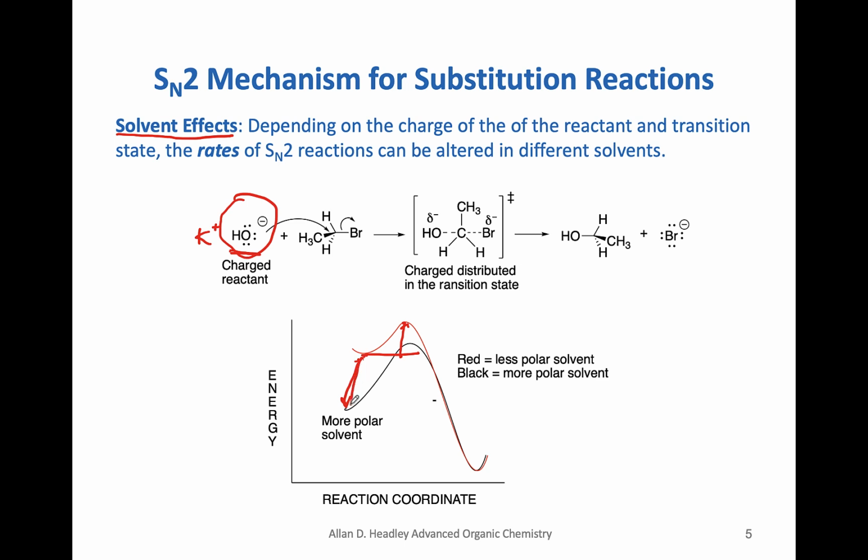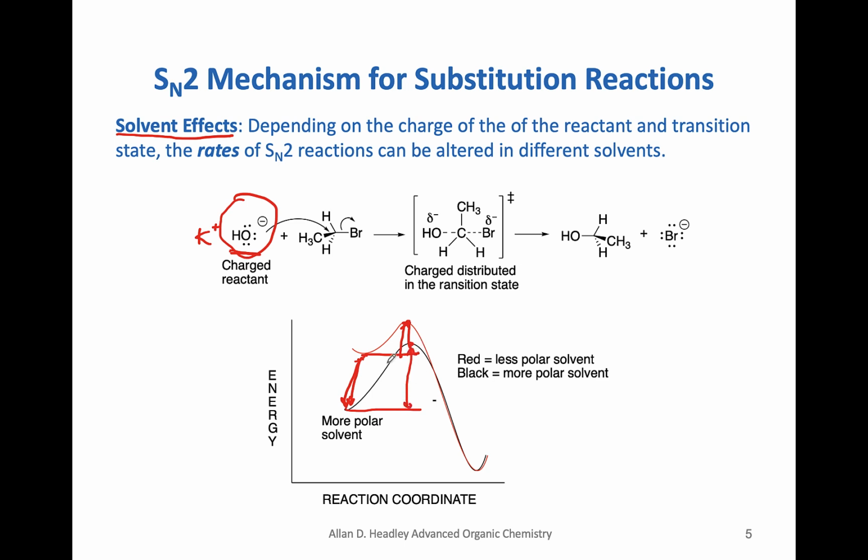So there is a lowering in energy due to solvation. It does solvate the transition state, but not nearly as much, because the charge is already distributed and a little more stable than a localized charge here. So in a more polar solvent, here is the energy of activation.